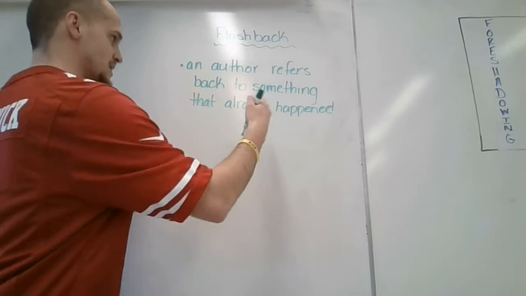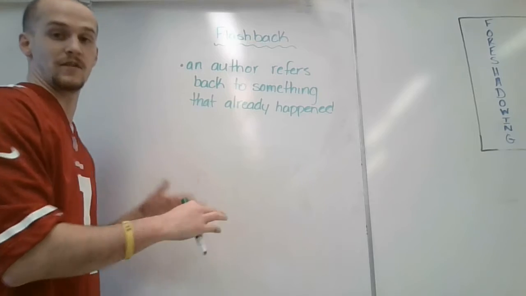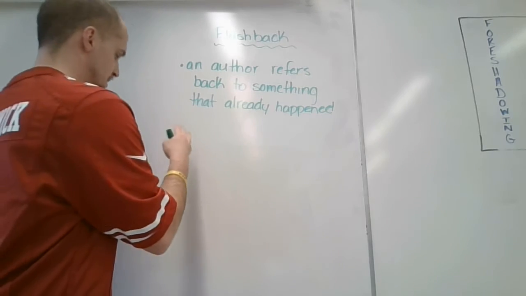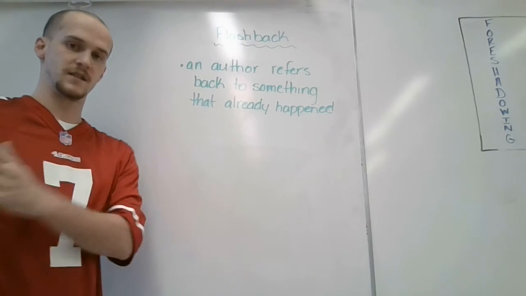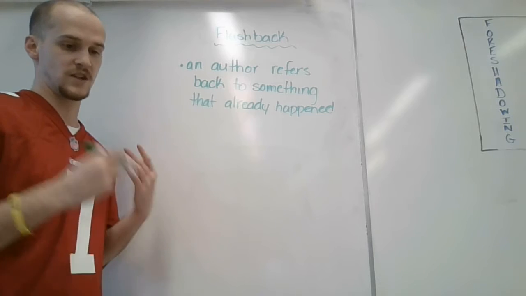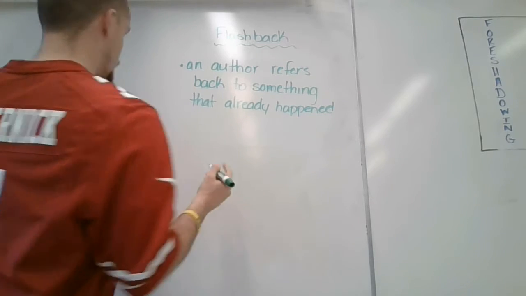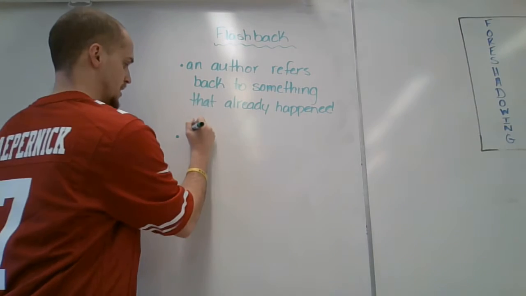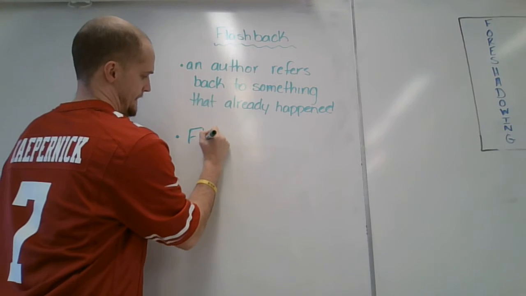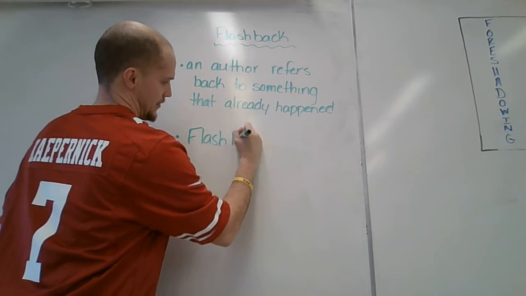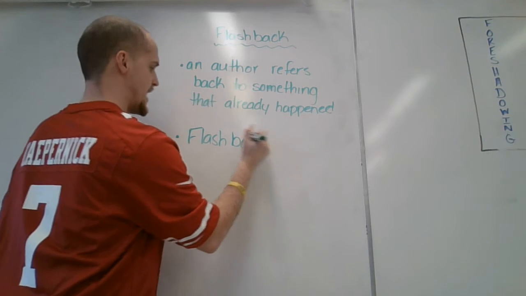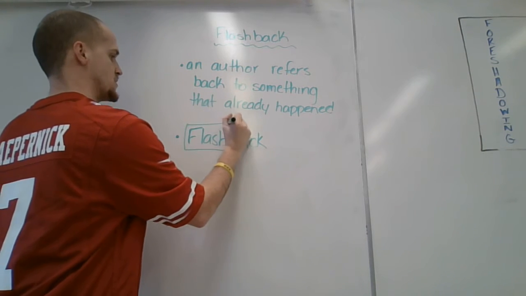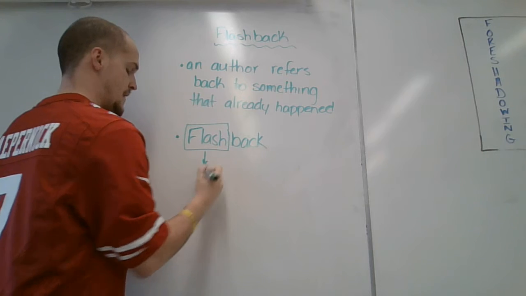Anytime you see these flashbacks, it is important to go back to that event because the author wants you to know that that event is important to this portion of the story that you're now into. And so just like we did with foreshadowing, we can break the word down to help us understand its meaning, okay? So you take flashback, first part being flash.